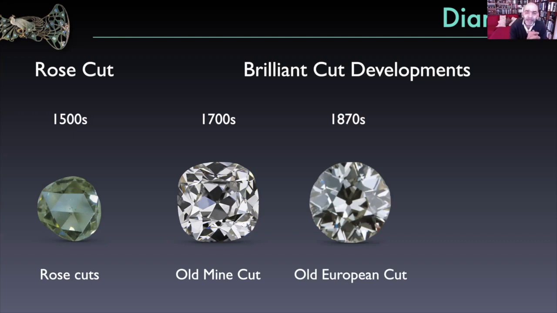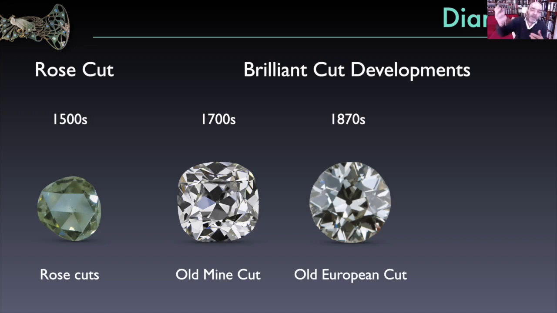In the 1870s, the mechanical bruting machine that enabled round shapes in diamonds was invented and developed. So in the last decades of the 19th century, diamonds became roundish. For that kind of cut, we call them old European cut.